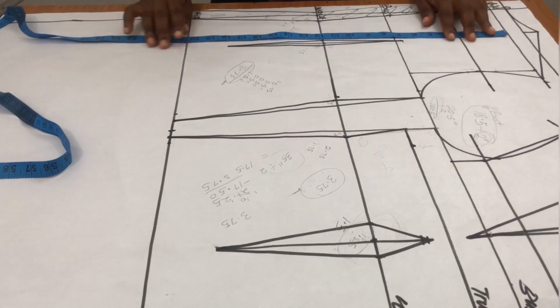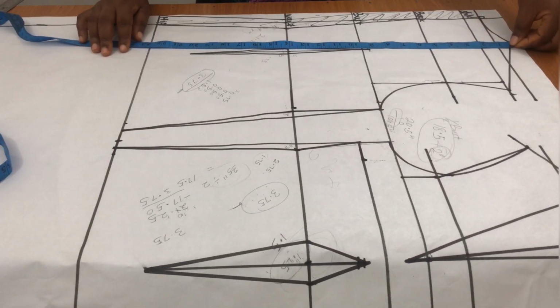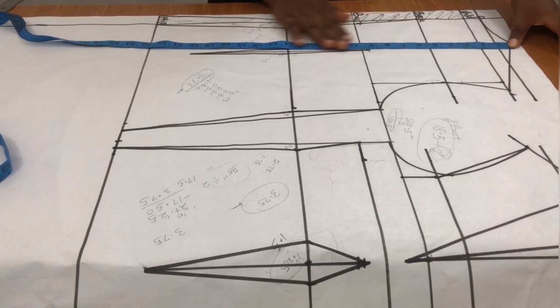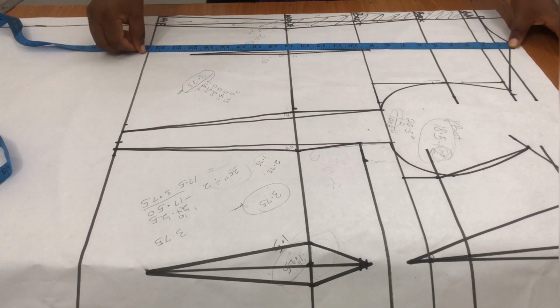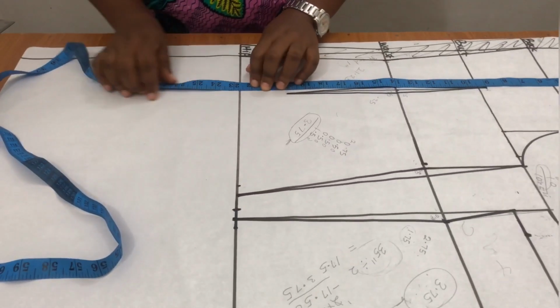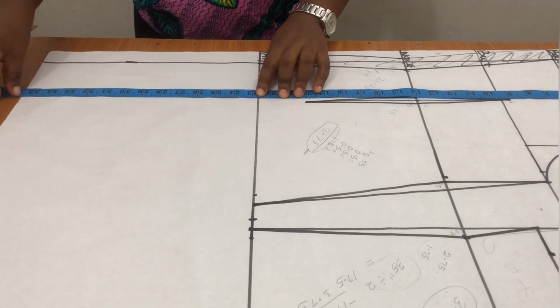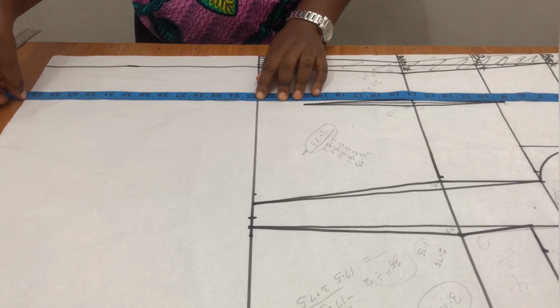Now, put your measuring tape from this neck point here. Measure to where this point gets to. You see that's about 22.75 inches. But we want to get down. So let's see what the whole pattern stops at. The whole pattern stops at 35.5 inches.